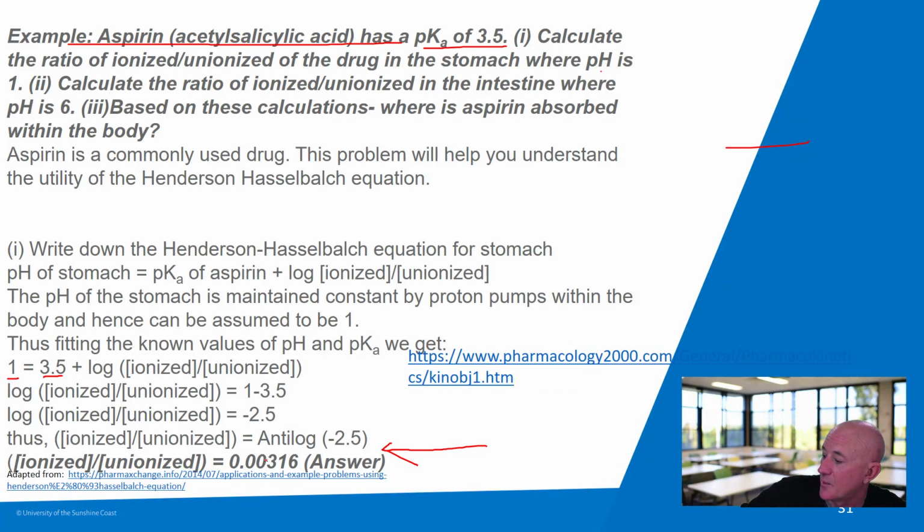So this means the amount of A minus is this much relative to what? The HA, which is 1. In other words, for all intents and purposes, there's no A minus. It's all HA. Well, what does that mean? In your gut, aspirin is mostly in the unionized form, which makes it a little bit easier to get across cell membranes because they tend to be fairly fat soluble.